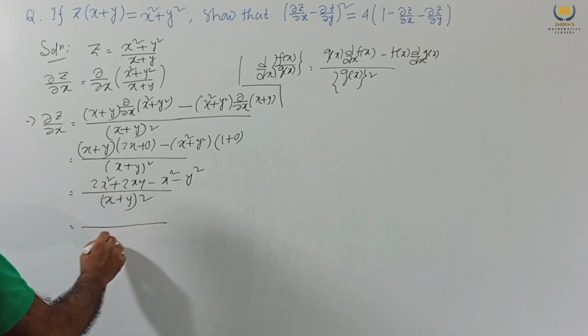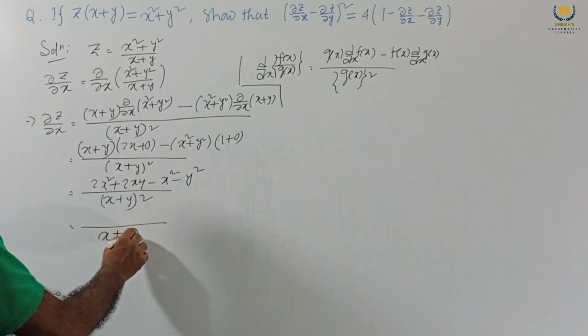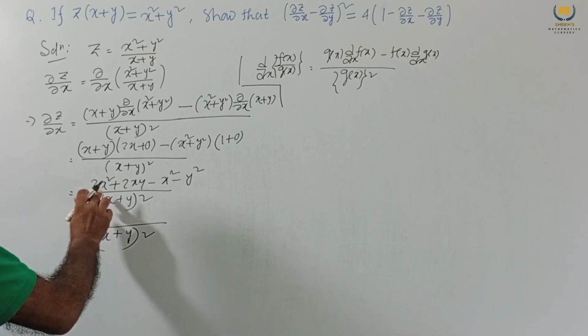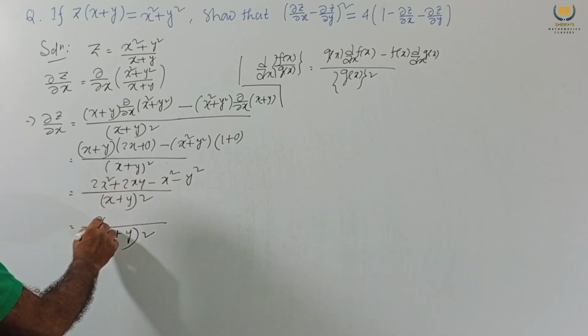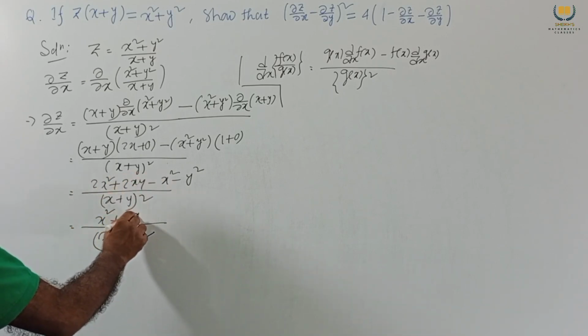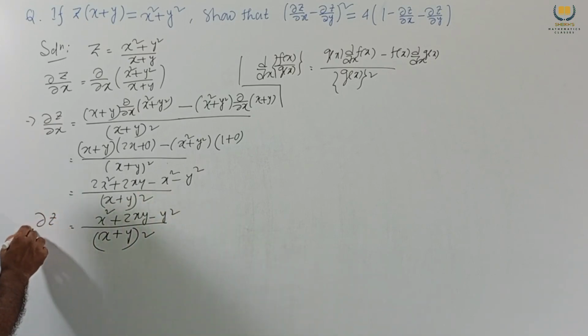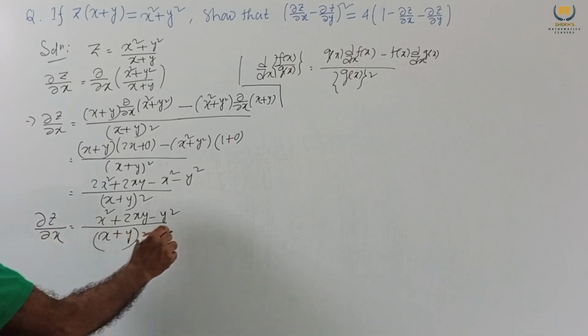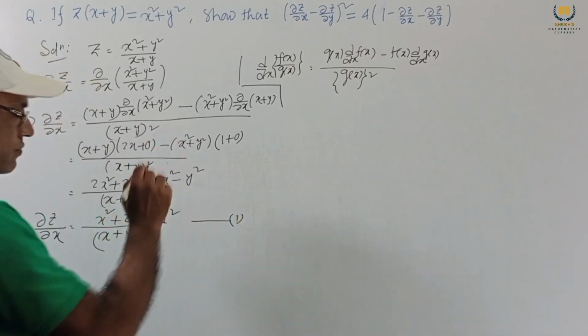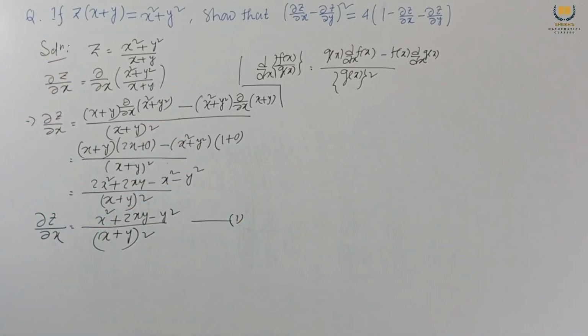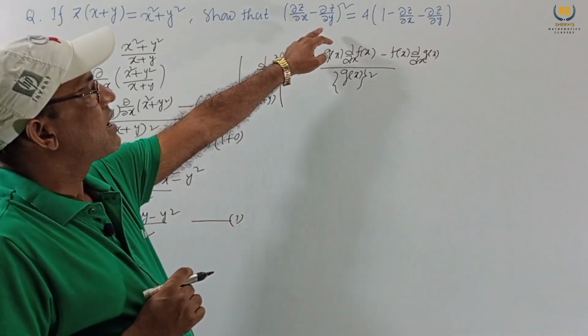So this equals over (x plus y) whole square, 2x square minus x square is x square plus 2xy minus y square. This is our del z/del x. We consider this as number 1. Next our requirement is del z/del y.